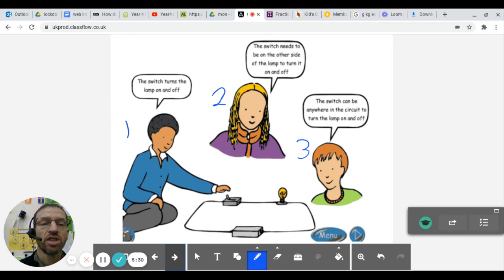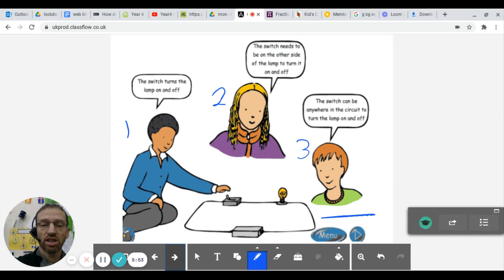So let's read. The first chap says, the switch turns the lamp on and off. The second child says, the switch needs to be on the other side of the lamp to turn it on and off. And the last person over on this side says the switch can be anywhere in the circuit to turn the lamp on and off.